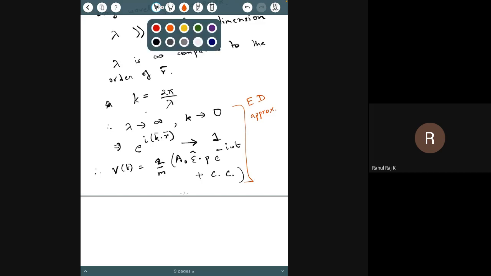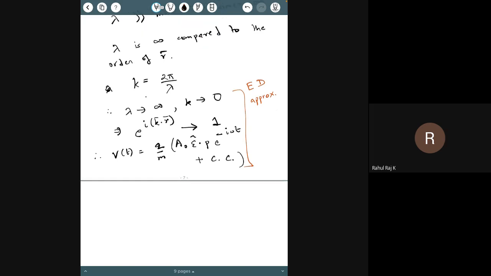Now, if we wanted to go beyond the electric dipole approximation, what would we do? If we do not take this lambda tends to infinity, k tends to 0 approximation, but we expand the e to the power i k dot r about some center of the molecule R0.